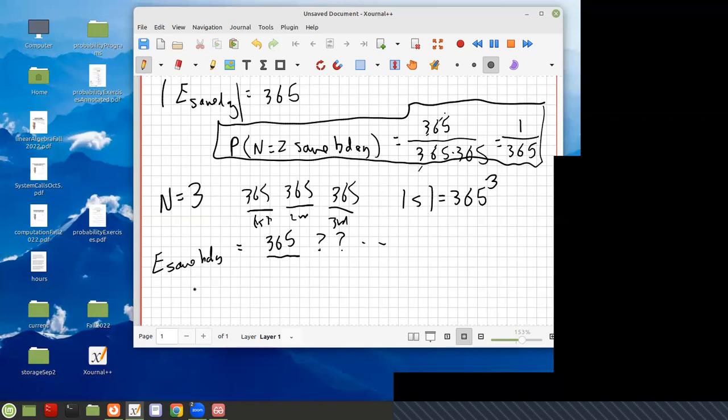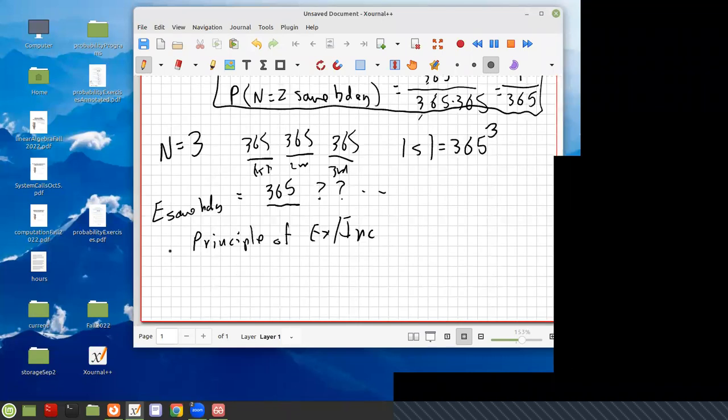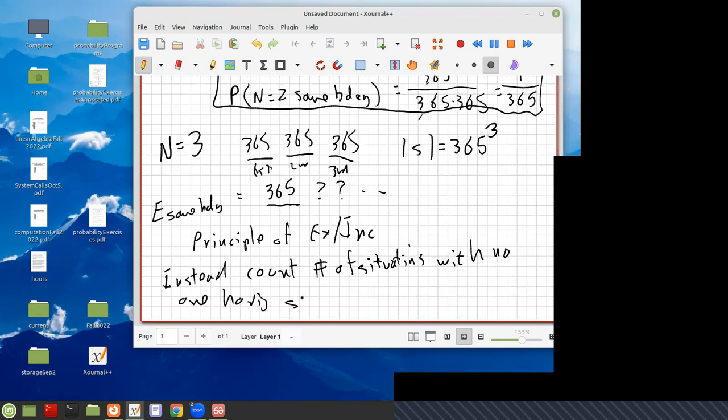What we're going to use is the principle of inclusion-exclusion that we talked about in counting, where it's simpler to count the number of situations with no one having the same birthday.